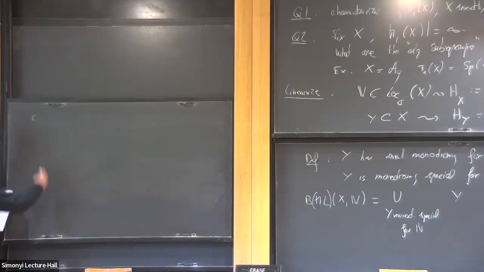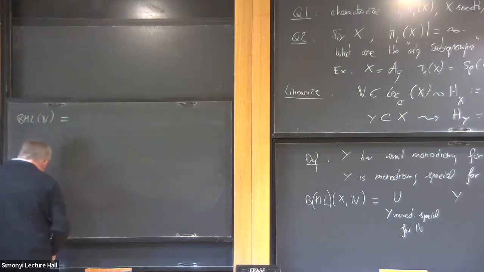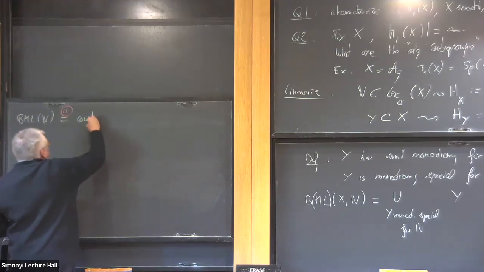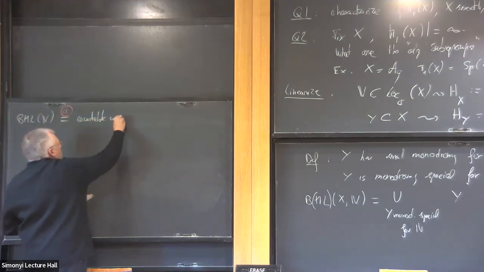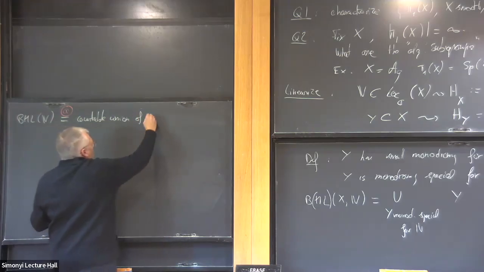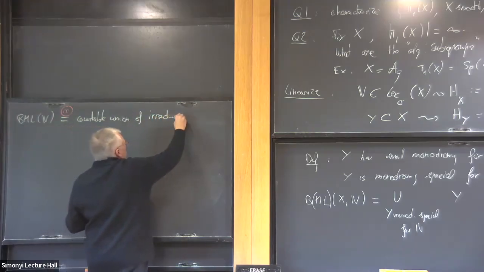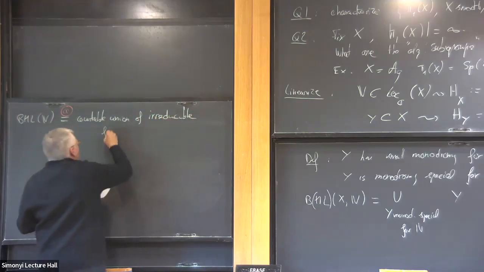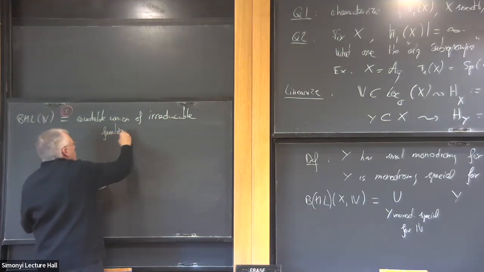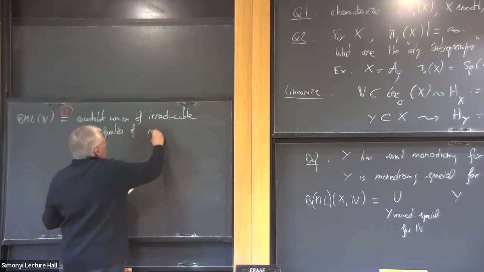Well, you get a number of things. The first thing that you get is that this big monodromy locus for my VHS is a countable union of irreducible families of monodromy special subvarieties.